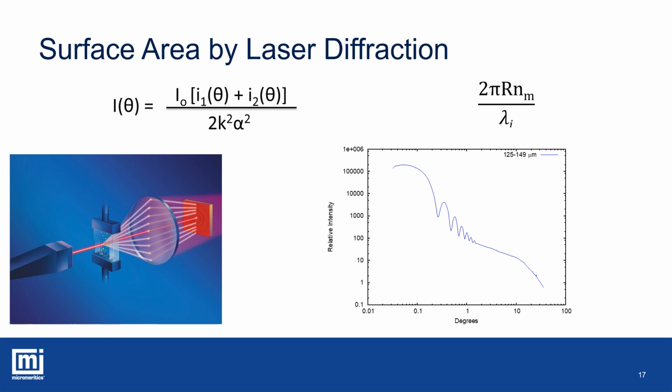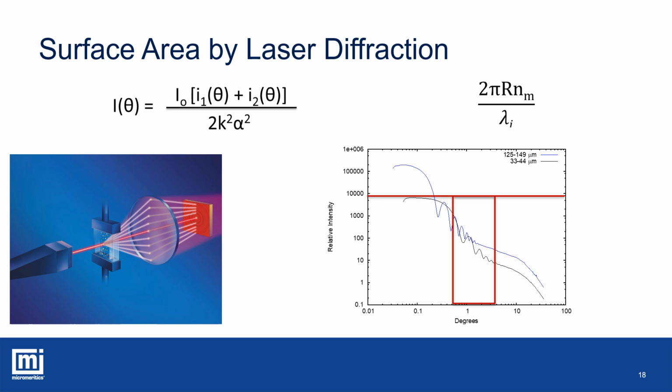We can see a relatively high intensity and a scattering pattern that's relatively low in angle sizes. When we compare that to 33 to 44 micron size material, we can see that the maximum intensity drops, and we can see that the angle of the scattered light shifts to the right, which would make the angles larger.